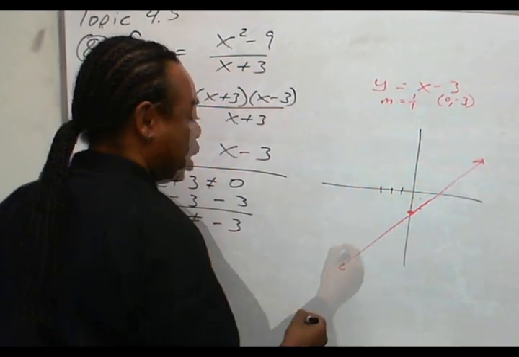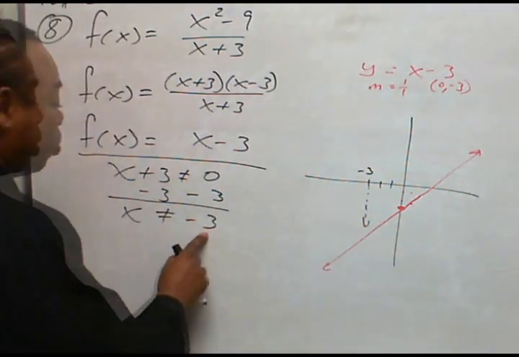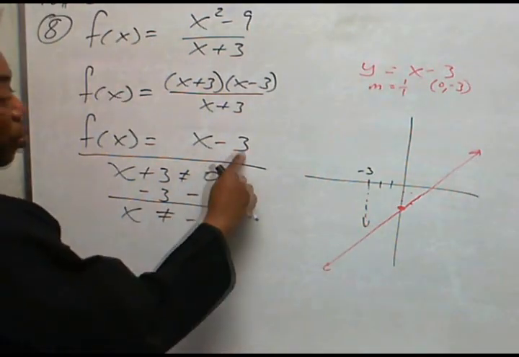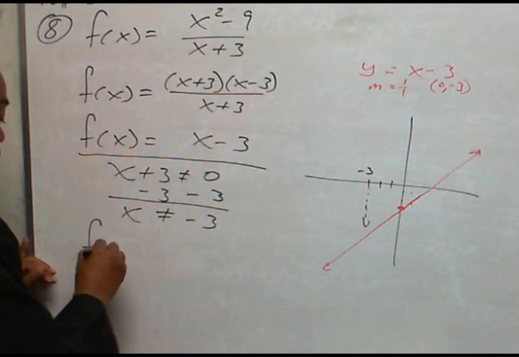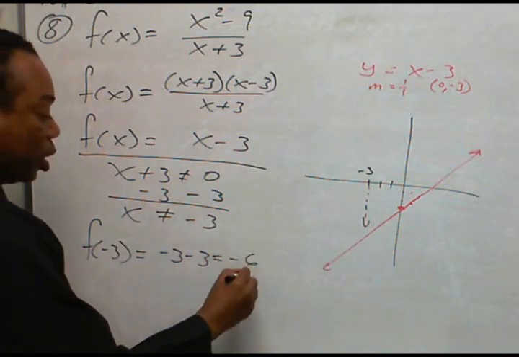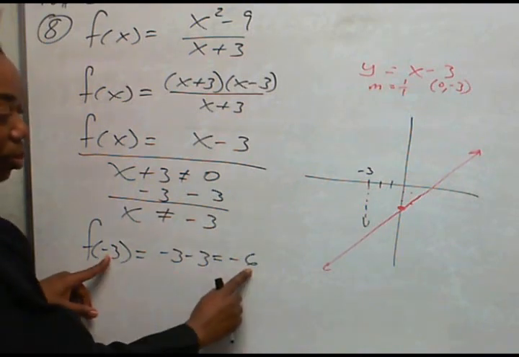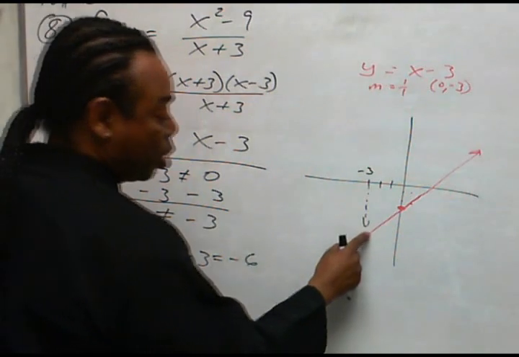And to find that point, where x is negative 3, we're going to put negative 3 into this equation right here. And we get the point negative 3, negative 6. This point will be removed.